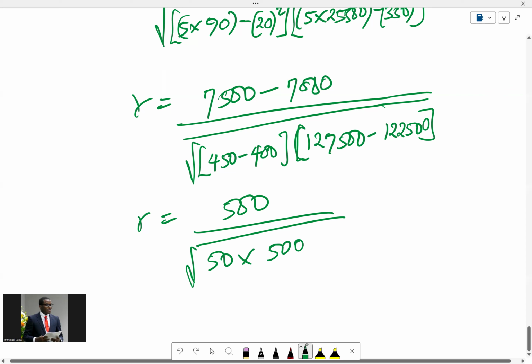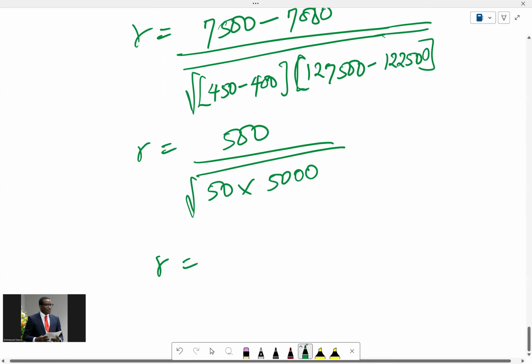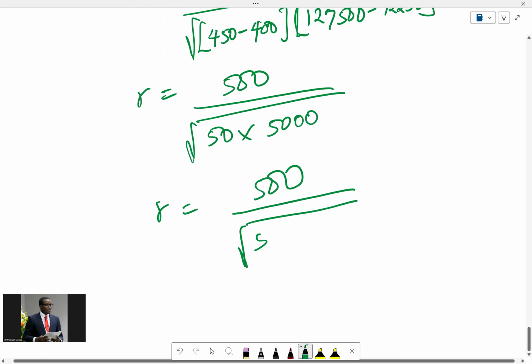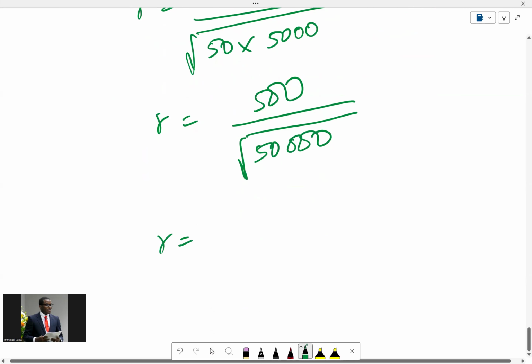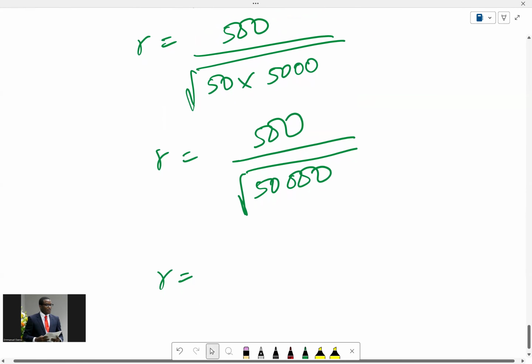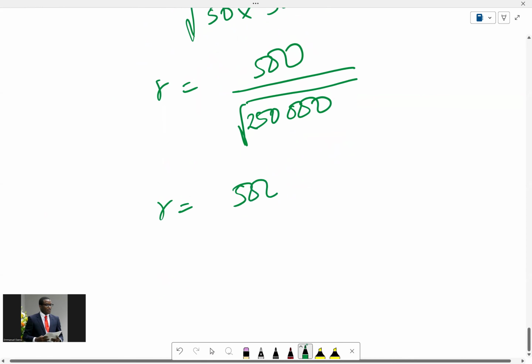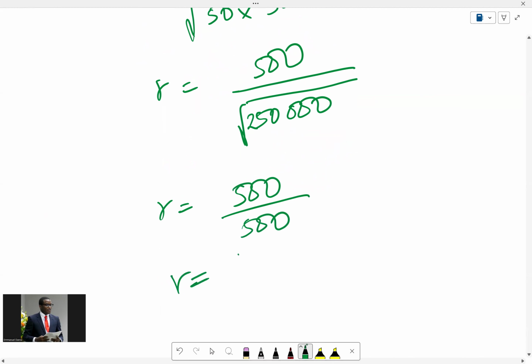So r is 500 over the square root of 50 times 5,000, that's 250,000. That's like 500 times 500. So we have 500 divided by the square root of 250,000, which is also 500. So r is simply 1.